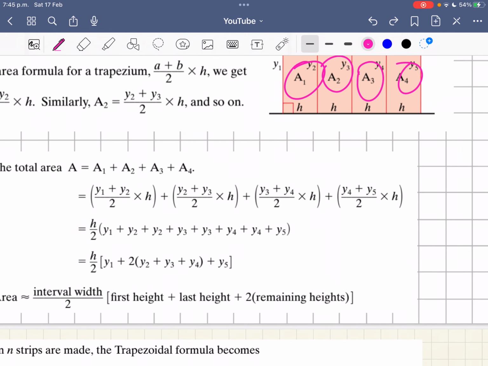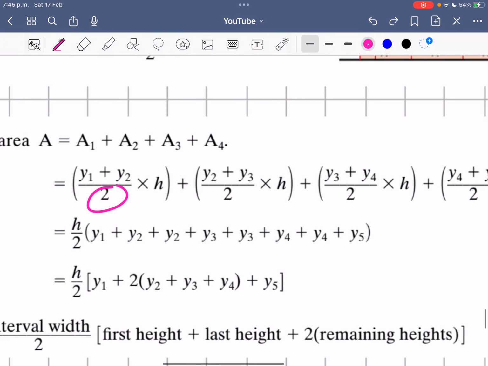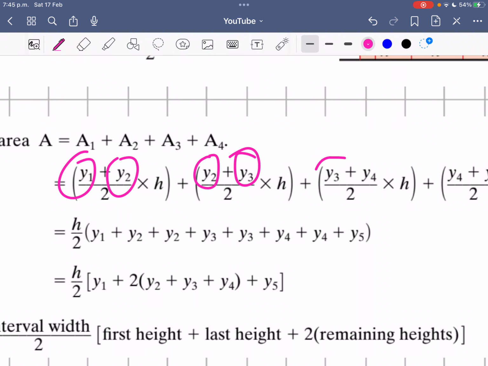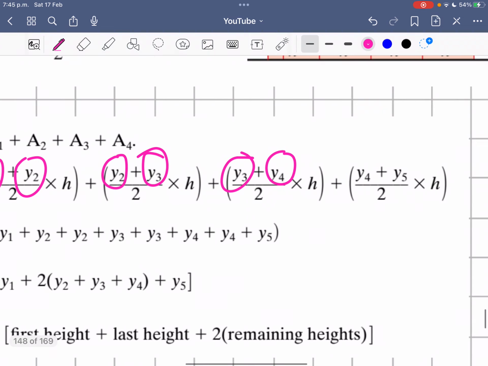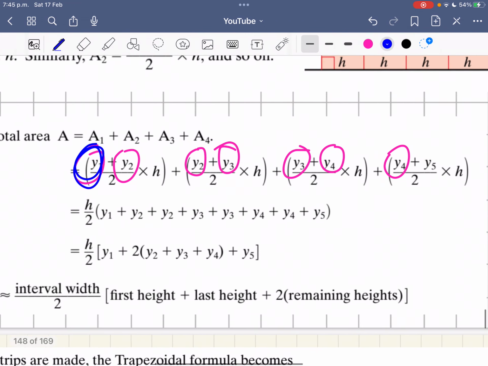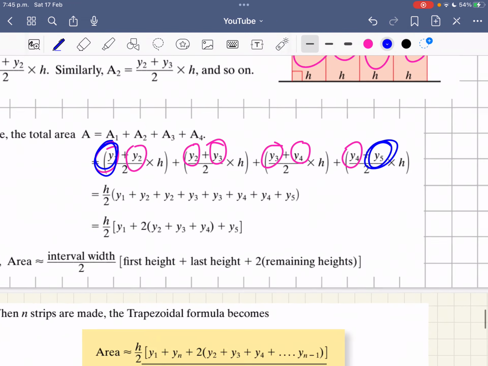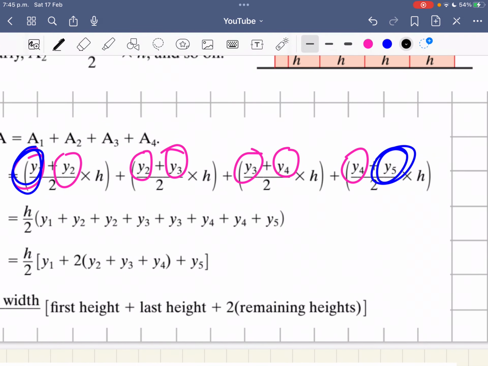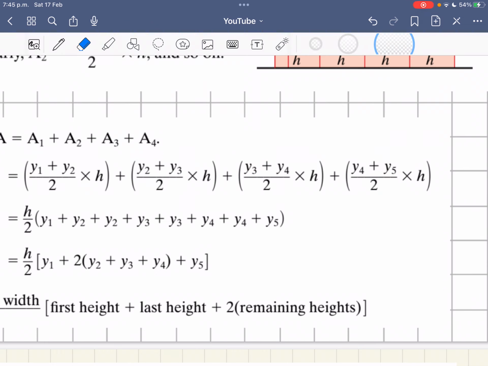What they've done is factor out h over 2 from everything, and then they've added up what's left. So y1, y2, another y2, y3, another y3, y4, another y4. So basically everything except the first one and the last one appears twice. There are 2 y4s, 2 y3s. I think you get the idea. So that gives us this formula here.